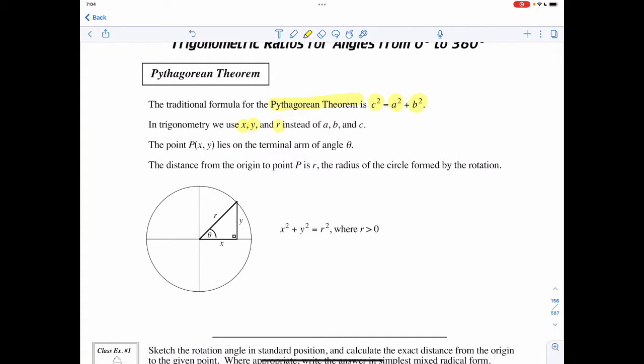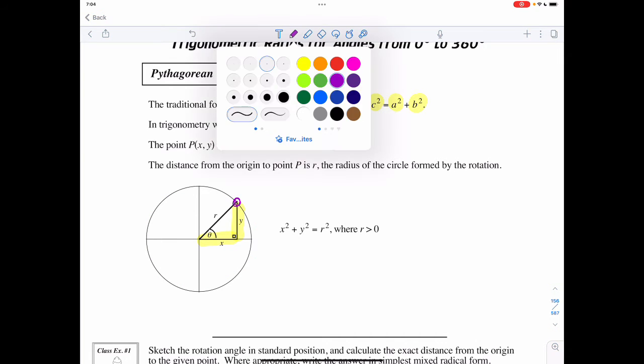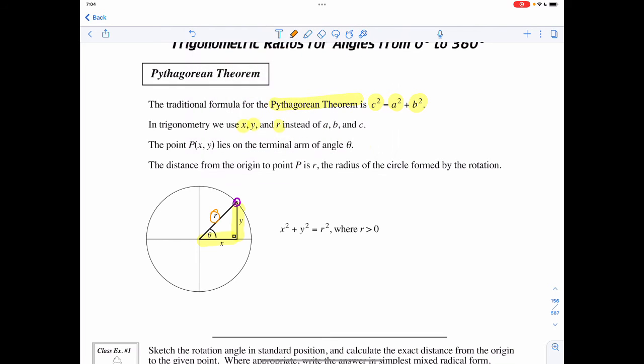And we can see in the picture here, we have one leg is going to be our x value. We have one leg is going to be our y value, all connecting to a point here. And then because this could theoretically go all the way around in a radius, instead of saying our hypotenuse, we call it just that, r, for our radius.